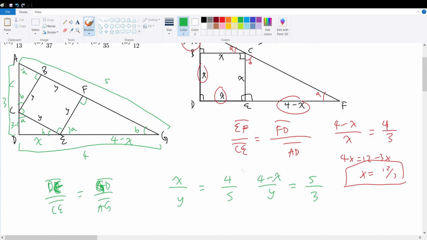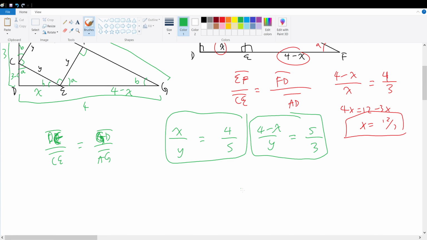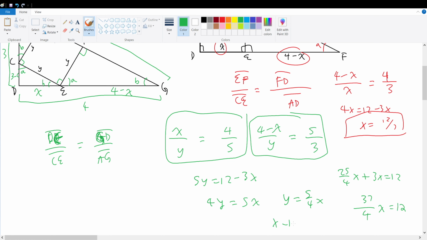So now we have two variables, and we can solve for each variable. Note that this x is not the same as the x we solved previously. So we know that 5y is equal to 12 minus 3x, and we know that 4y is equal to 5x. So y is 5 over 4 x, so we substitute it. But that's actually a very bad substitution because we're trying to solve for y.